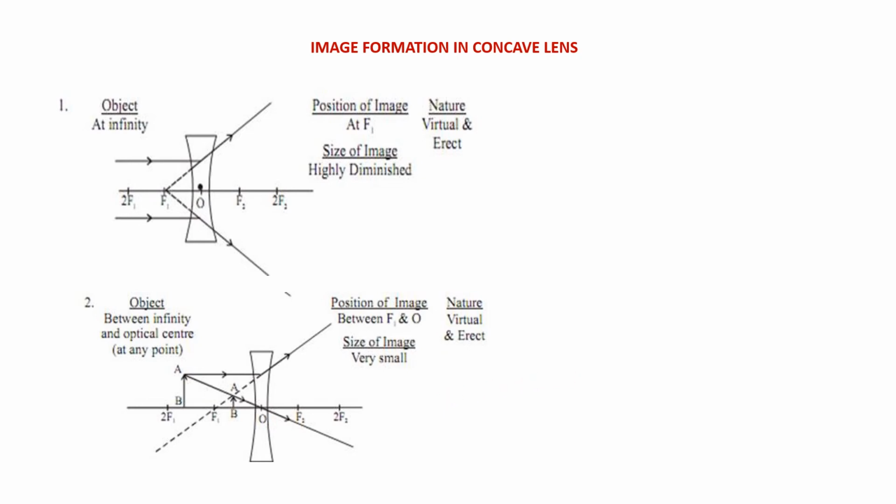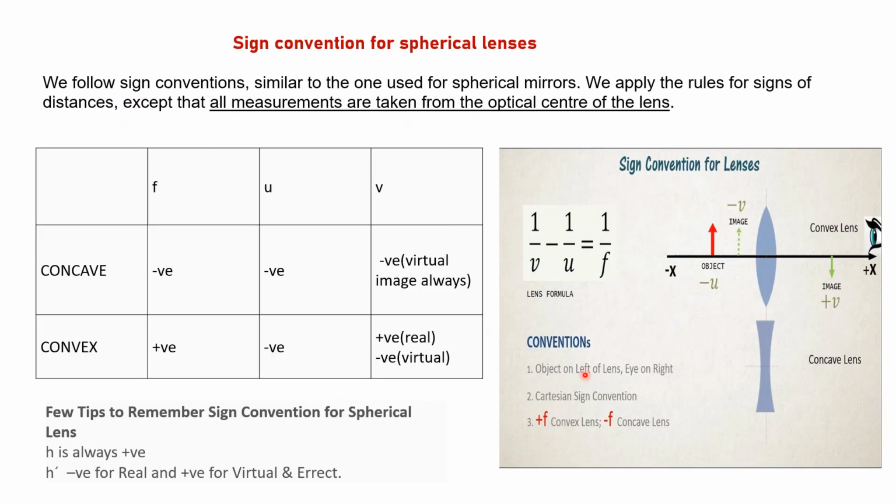So let's see the sign conventions. Now the sign convention for spherical lenses, where you have to pay attention, is only the focal length of convex lens, that has changed, and the focal length of concave lens, that has also changed, right? Rest of the signs are absolutely the same. Clear?